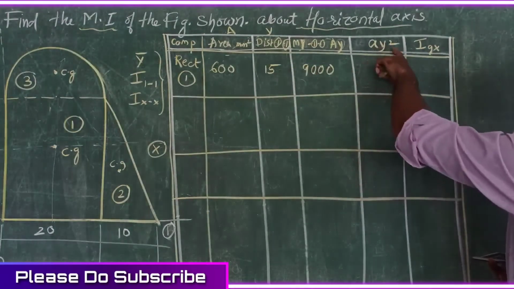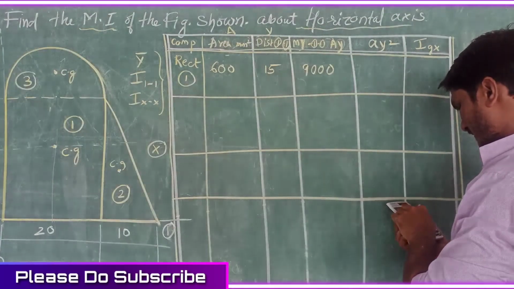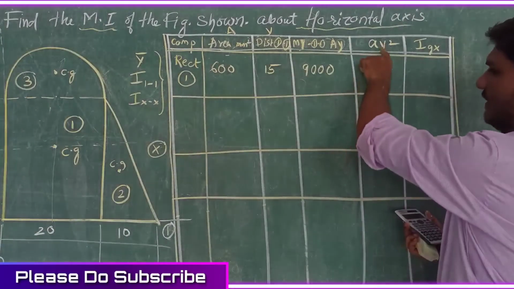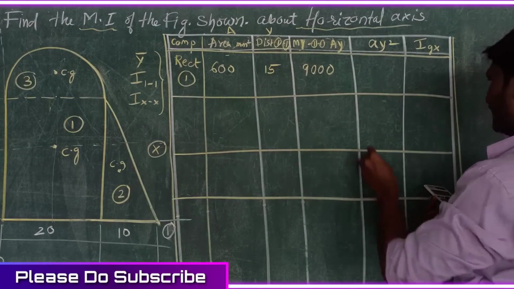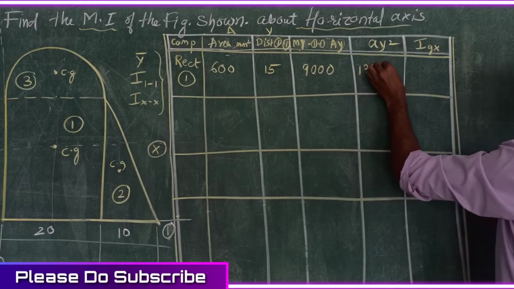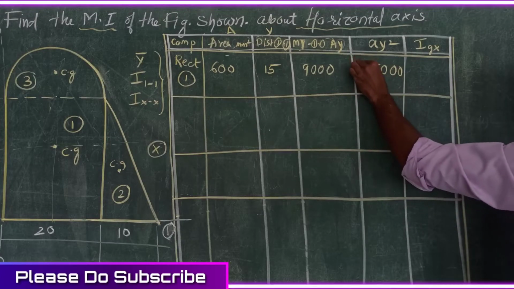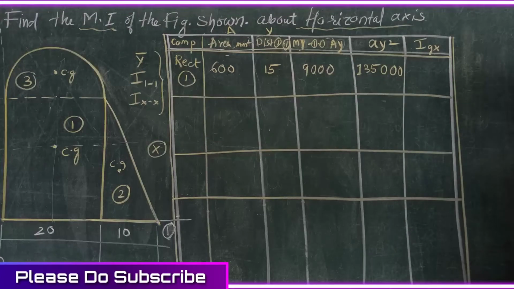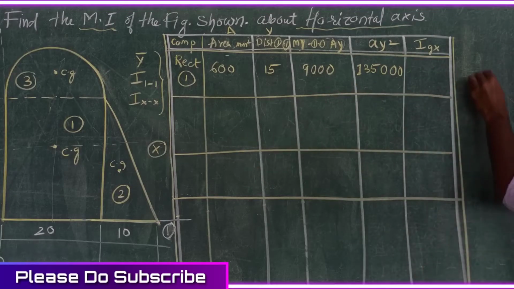And again A y square, so y square is 15 square into area 600, then it is 1,35,000.